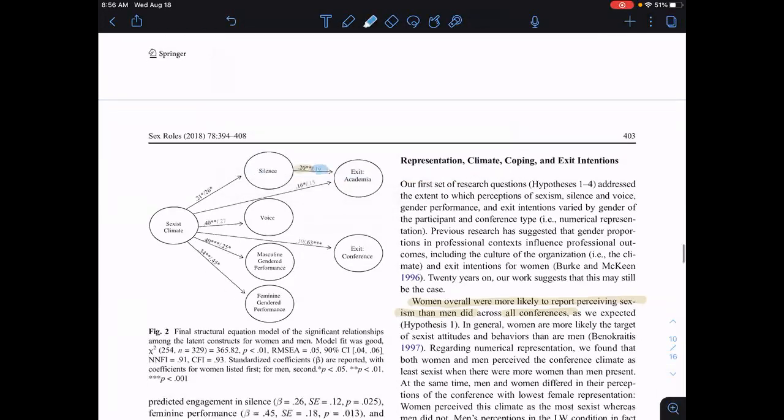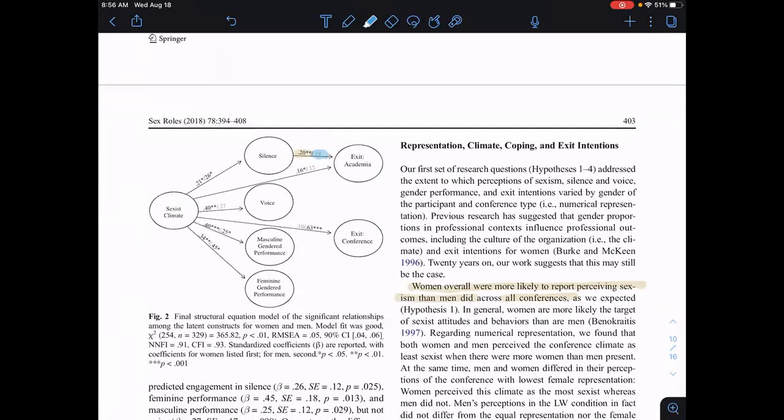And again, I know this because I've read this article and it says it down here in this area. And it's saying what is predictive. And so what we have going on here is sexist climate predicts silence, which predicts exit to academia.